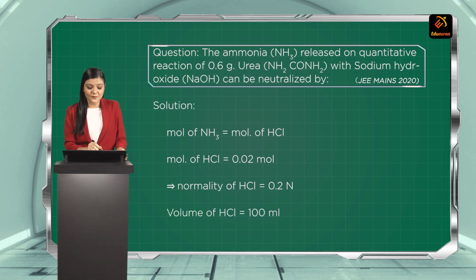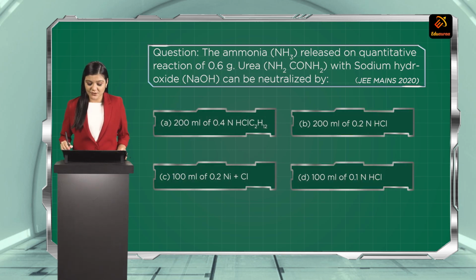Therefore, the volume of HCl will be equal to 100 ml. So, now we have the normality 0.2 and the volume is 100 ml. If I check the options, then in option C we have 100 ml and the normality of HCl is 0.2. So, the correct answer is option C.